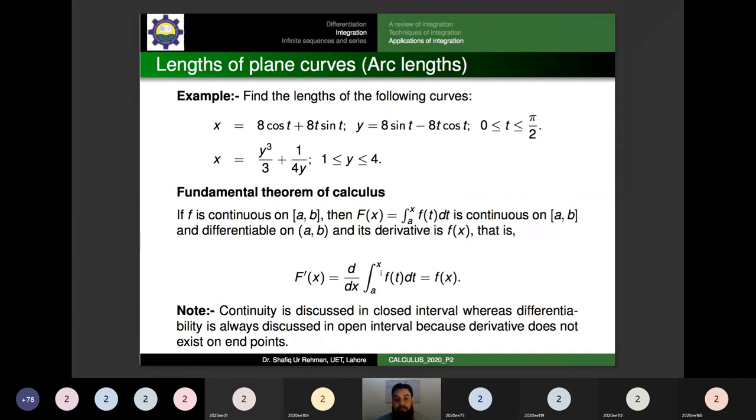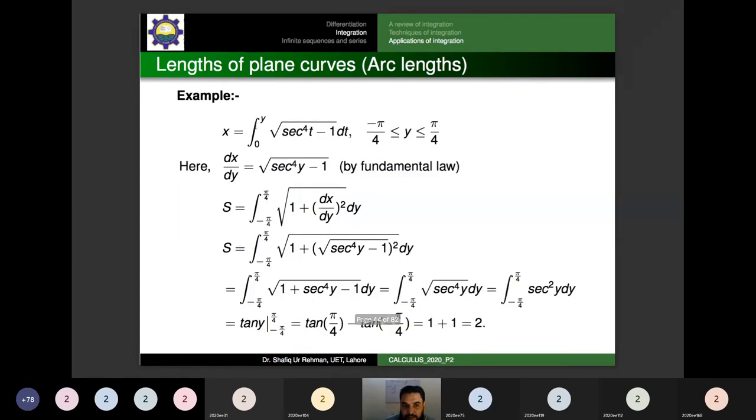The upper limit is variable x, so the result will definitely be in terms of x, f of x. Over here the upper limit is y, so this whole thing will result in the form of a function of y. If you differentiate both sides with respect to y, eventually it is going to be that expression, f of y. Now you have dx upon dy, that's what we were looking for.